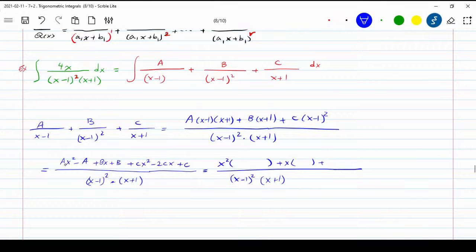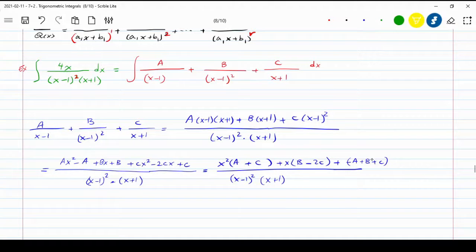So x squared, there is a multiplied by x squared. There is a c multiplied by x squared, plus c. Factor of x, give it a bit more space. Factor of x, there is a b. And there is minus 2c. And the constants, negative a plus b plus c.